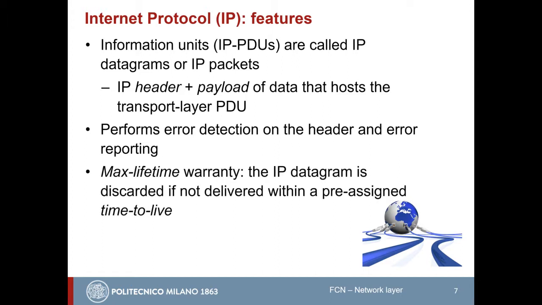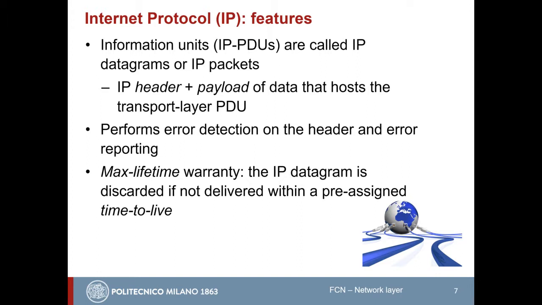Another function is the limitation on the lifetime of the packet. So all the packets have a mechanism so that routers can understand the age of the packet. That means more or less the time that has elapsed since the packet was generated by the source host.